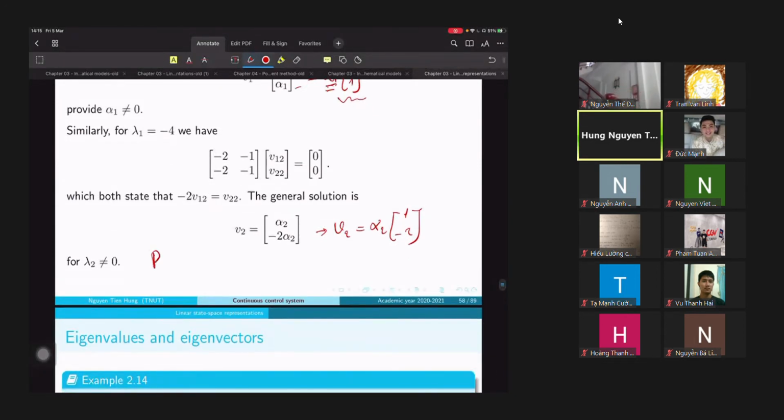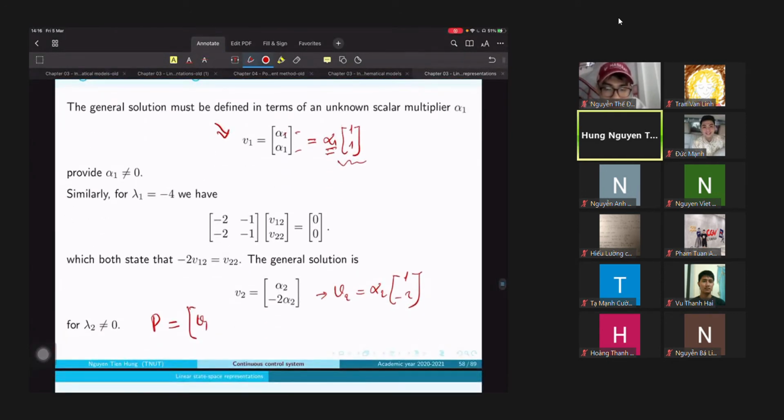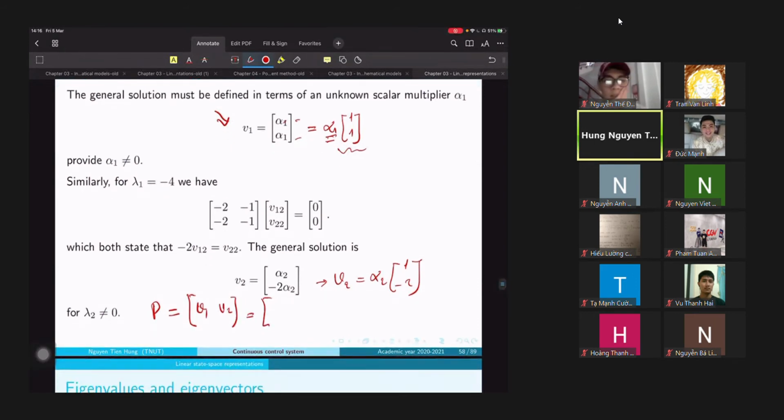The matrix of all eigenvectors is v1 and v2, and it equals alpha 1, and alpha 2, minus 2 alpha 2. This is v1, this is v2. You can choose any value. For example, you can assume that alpha 1 is equal to 1, so this is 1, 1, 1, minus 2.